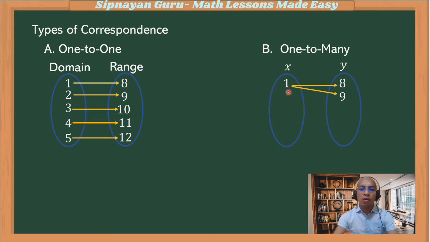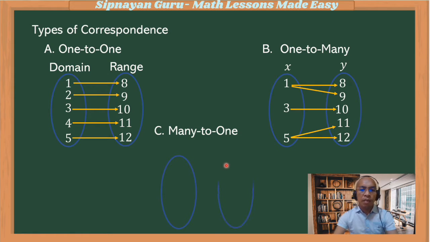So one value of x corresponds to two values of the range, which are 8 and 9 respectively. 3 corresponds to 10 on the range. Then we have the value of 5. It corresponds to the values 11 and 12. So in this case, this correspondence is called one-to-many. One value of x corresponds to two or more values of y.